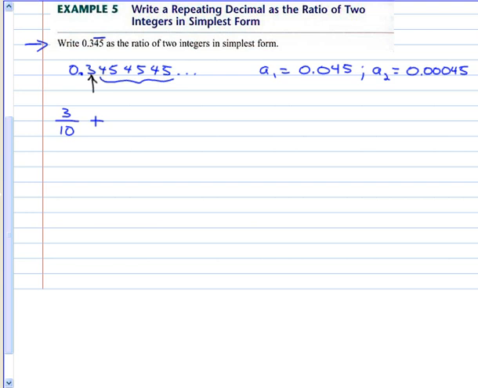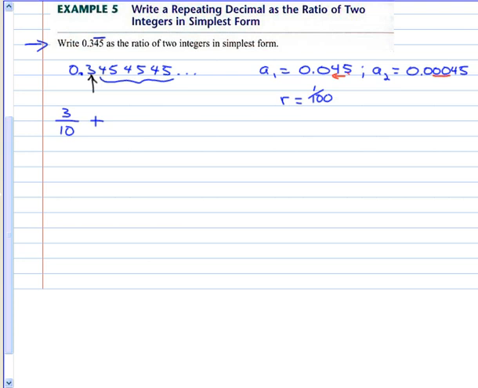Notice I had to move 2 more places over because there were 2 numbers that would have fit right there. So I am moving 2 decimal places over. I'm actually moving 2 decimal places to the left. I should have made my arrow on that side. So if I'm moving a decimal 2 places back to the left, that's 1/100th. I'm dividing by 100.